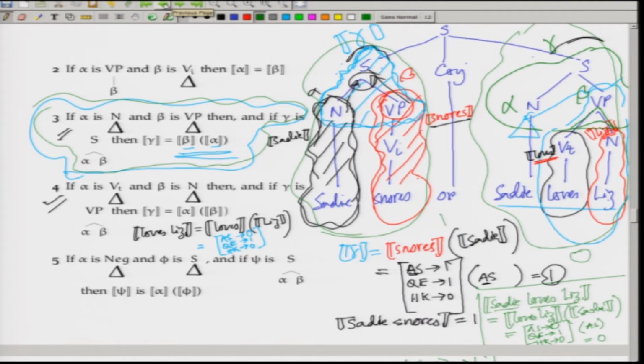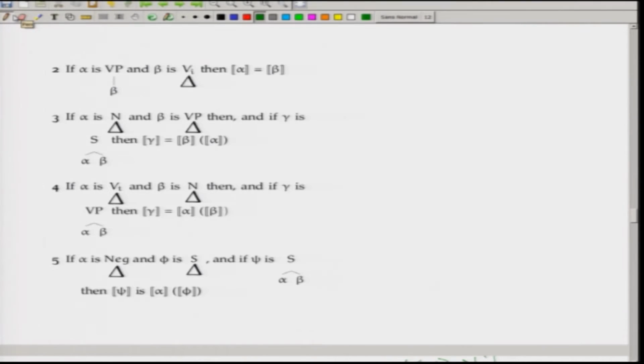We have seen all of the rules. So, 5 we need to consider. We have done rules 1, 2, 3, 4 and 6. We haven't done rule 4 or no, we have done rule 5. That is what we need to consider.